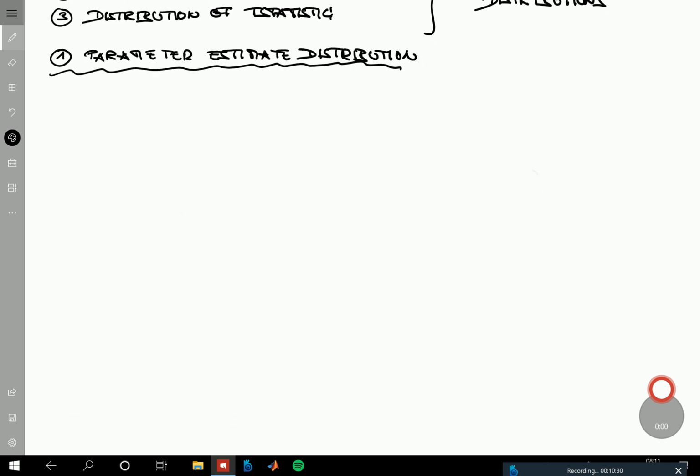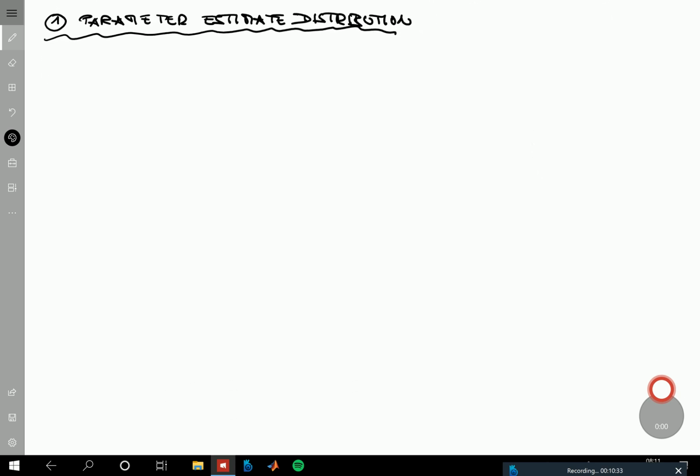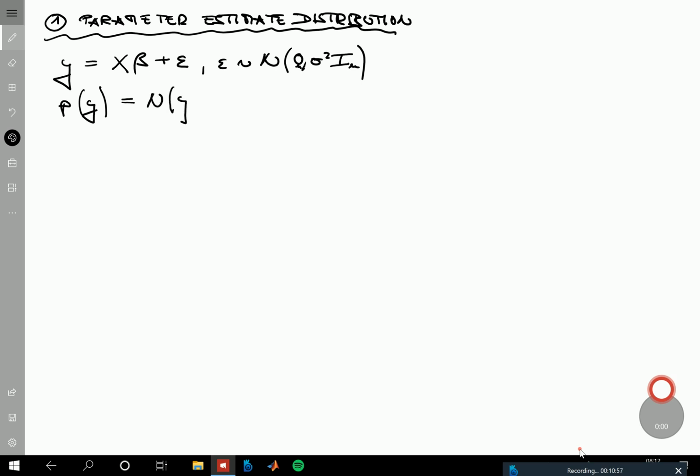So you should think again about what we have. We have the general linear model, where we have, of course, the design matrix as specified for fMRI as discussed, and we have the error, and we've seen that this is the same as saying that we have a probability density function for the data, which is centered on X beta, which is our expectation vector for the data, and a spherical covariance matrix.